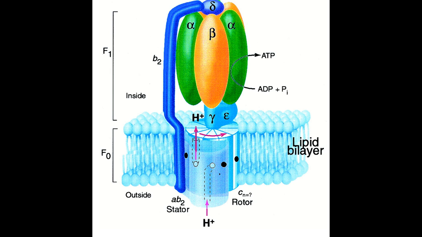When there is protonation of 3 aspartates, there is a complete rotation of the C subunit, and that complete rotation causes the 3 subunits to totally rotate and let one of the subunits assume a loose or an empty state, which causes the release of an ATP molecule.